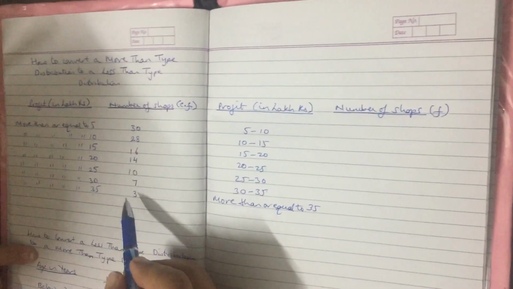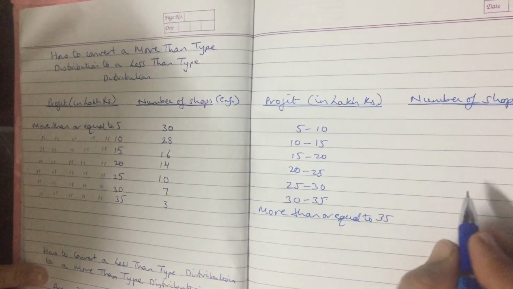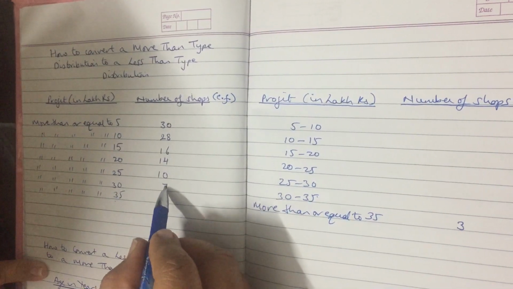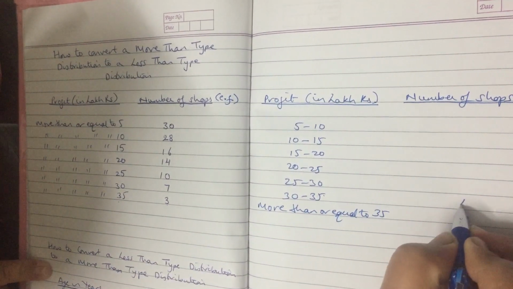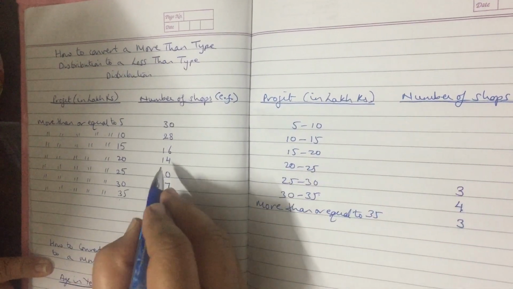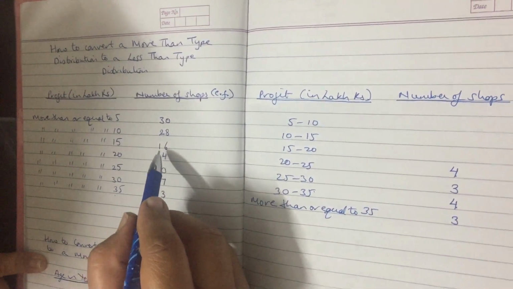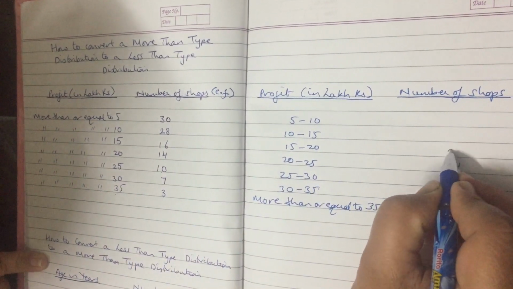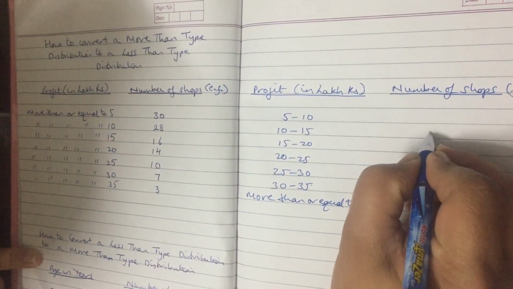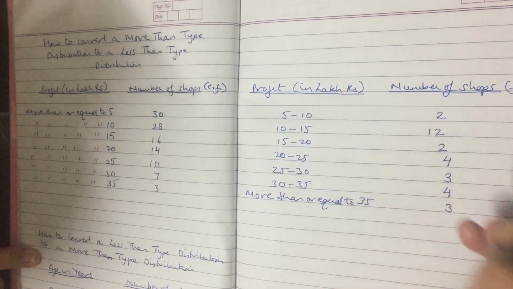For the frequency, we start by writing the smaller number which is at the bottom, which is 3, and we start subtracting backwards. So this is 7 minus 3, which is a 4, 10 minus 7, which is a 3, 14 minus 10, which is a 4, 16 minus 14, which is a 2, 28 minus 16 is a 12, and 30 minus 28 is a 2.